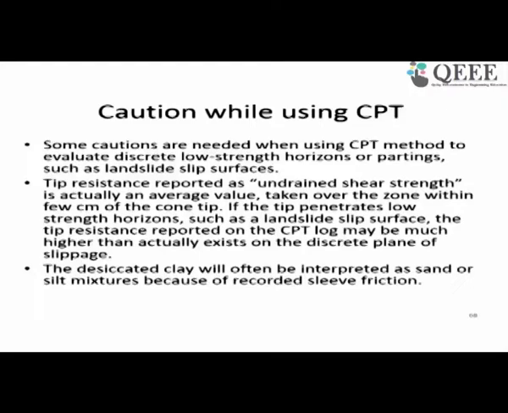So tip resistance reported as undrained shear strength is actually an average value taken over a zone within a few centimeters of the cone tip. If the tip penetrates low strength horizons such as a landslide slip surface, the tip resistance reported on the CPT log may be much higher than what actually exists on the discrete plane of slippage.